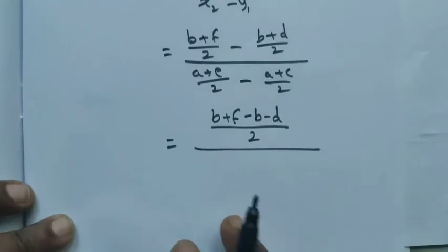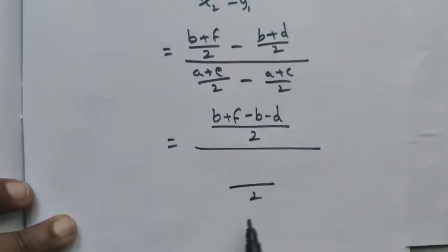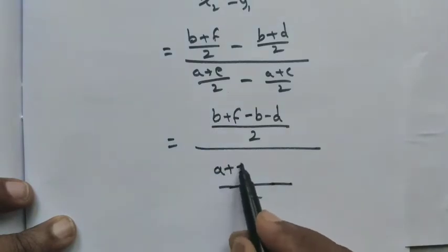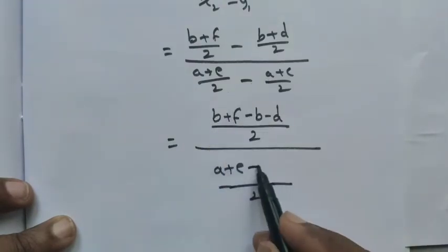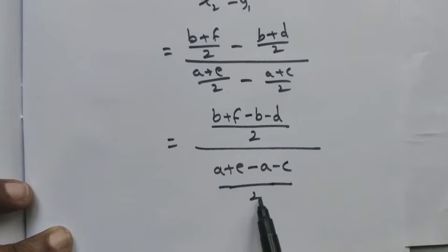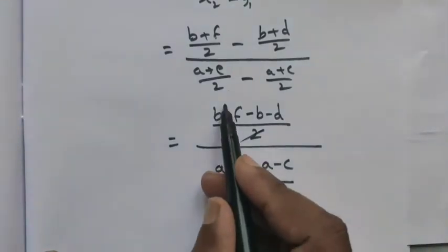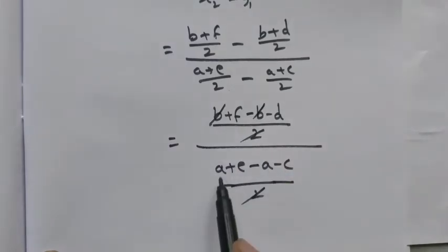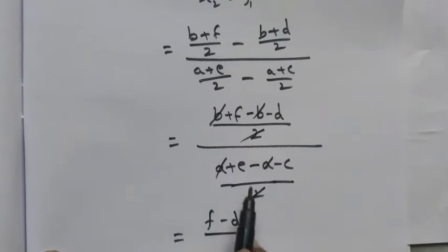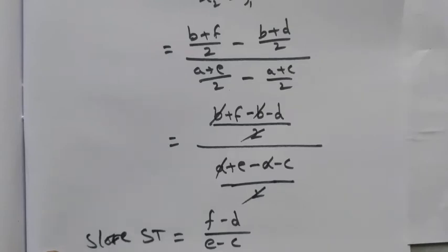And in the denominator also we have 2 common, a plus e minus of the second term, minus a minus c. So the 2 will be cancelled, then b minus b will be cancelled, and a minus a will be cancelled. In the numerator we have f minus d, in the denominator we have e minus c, that is the slope of ST.